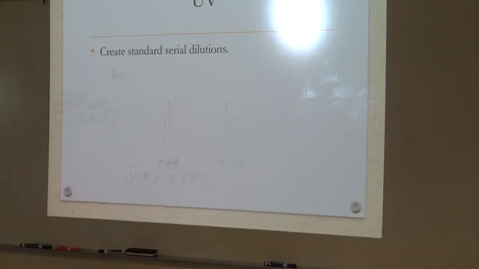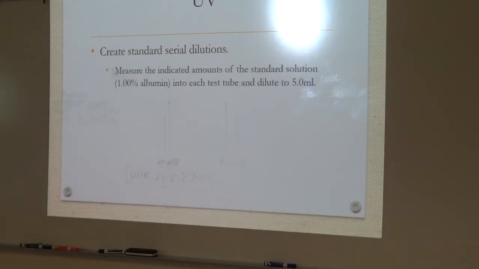That is, you're going to use one standard and then different volumes of it, and then make all the volumes the same, diluting with water, so that the more of the standard you have, the more concentrated the solution is. The amounts are indicated in the PDF.